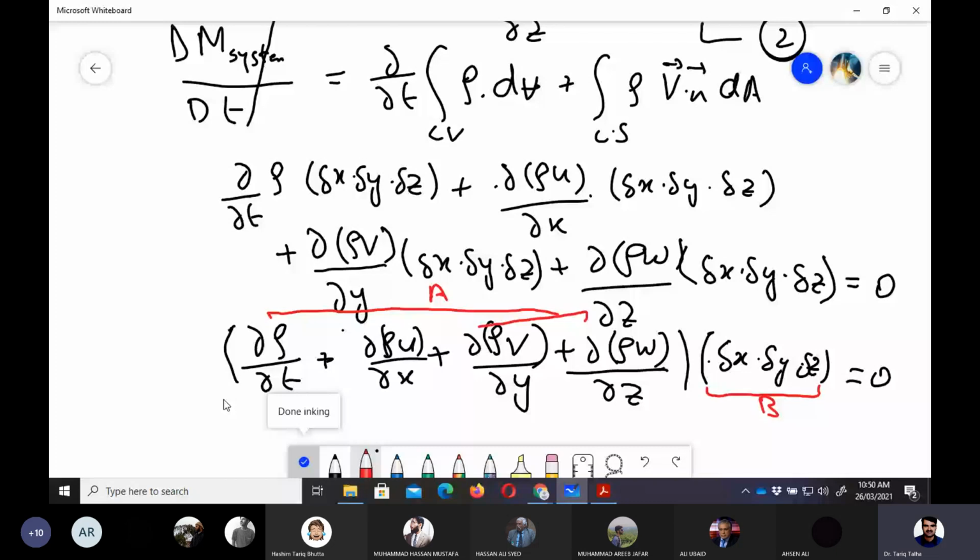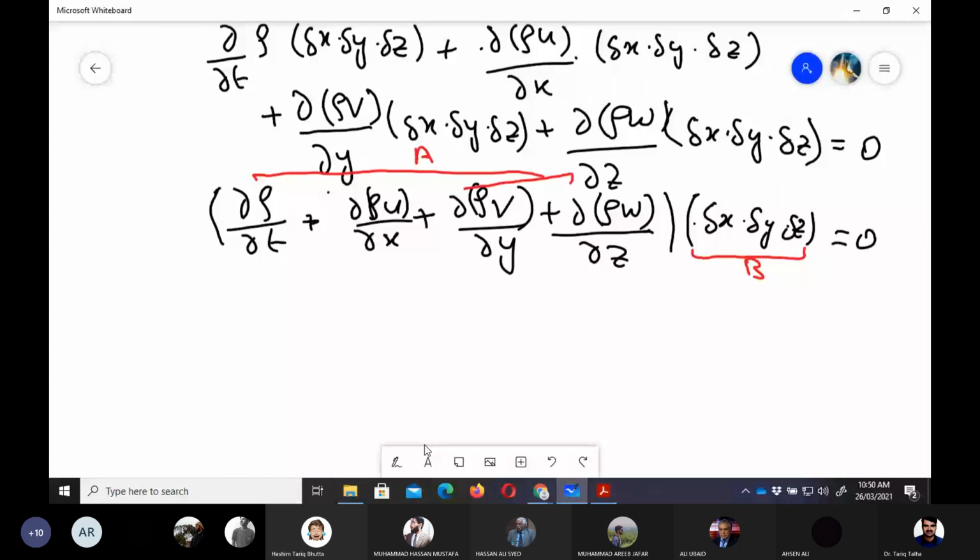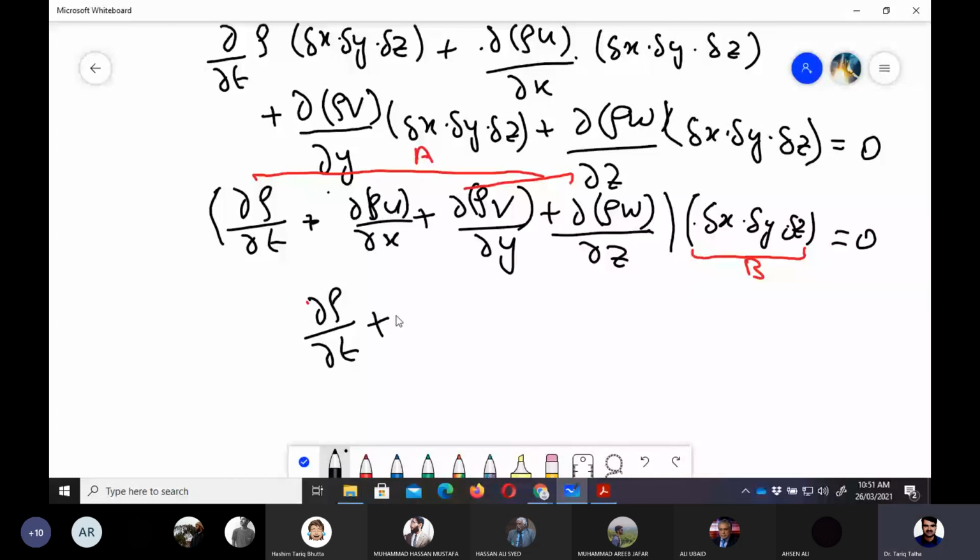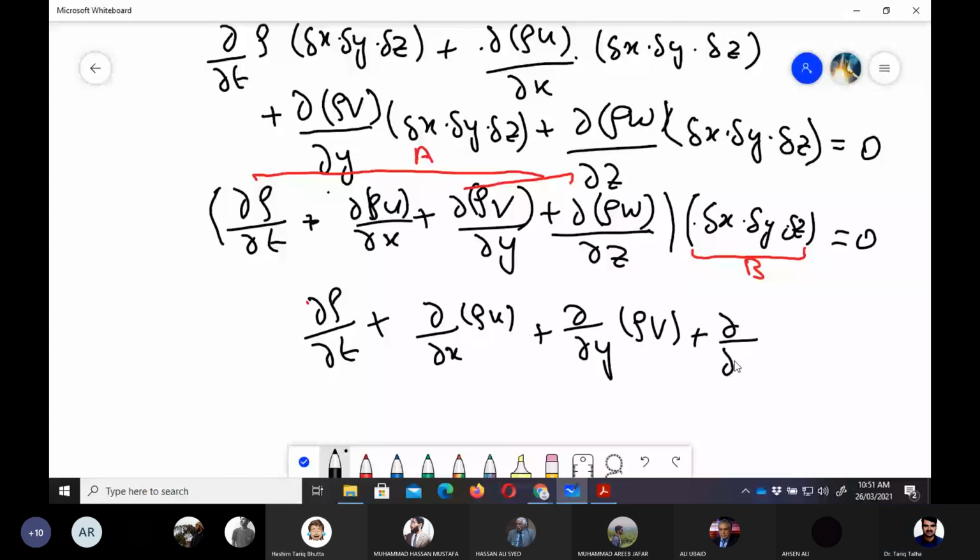So we can just write it like this: partial rho upon partial t plus partial upon partial x of rho u plus partial upon partial y of rho v plus partial upon partial z of rho w equal to 0, right?